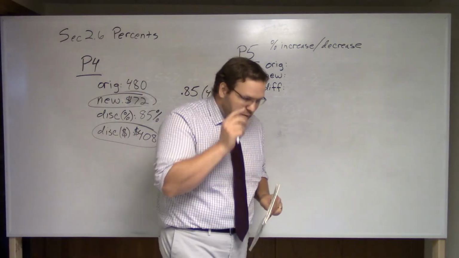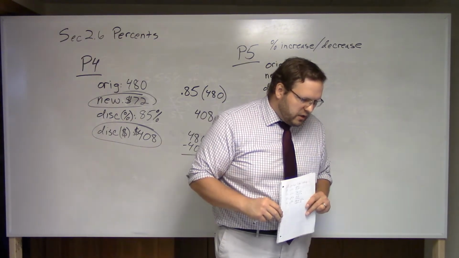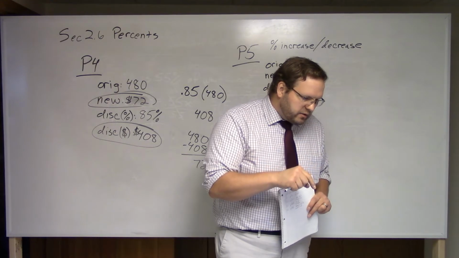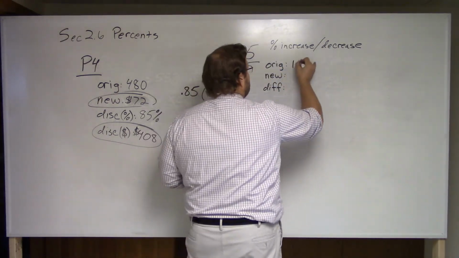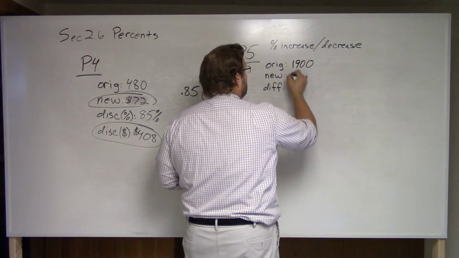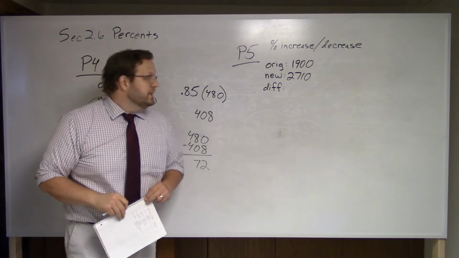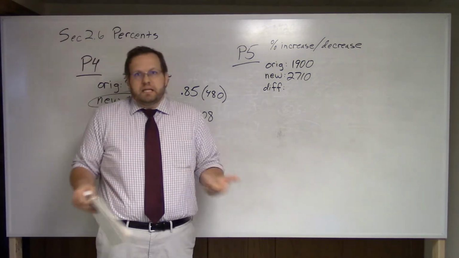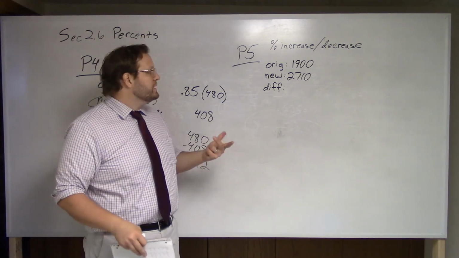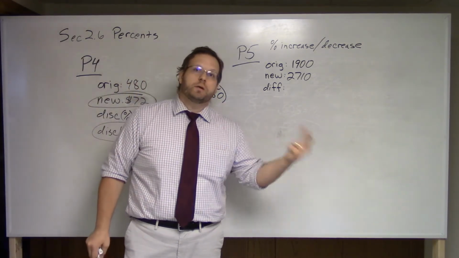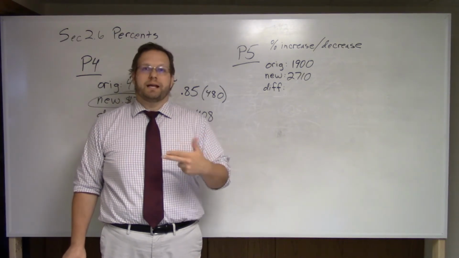So, again, we have the tuition and fees of a 2-year college went from $1,900 to $2,710. So we have an original of $1,900 and a new of $2,710. Okay? Now, when we take the difference, we subtract. The order that you subtract, it's not always going to be new minus original or original minus new. Always take the bigger minus the smaller.